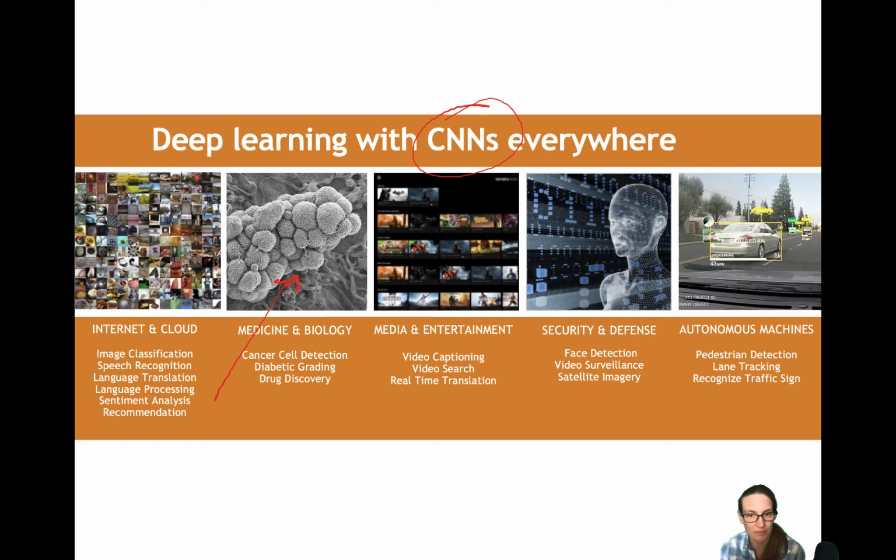Actually, even in media and entertainment, face detection is going on because there are some apps, like if you're in a taxi watching advertisements, it can do face detection. There are people developing apps to do face detection to see if you're happy with the ad that's being played or not. Okay. And then there's autonomous vehicles. Obviously, there's a lot of computer vision happening, and CNNs are key in representing all these things.